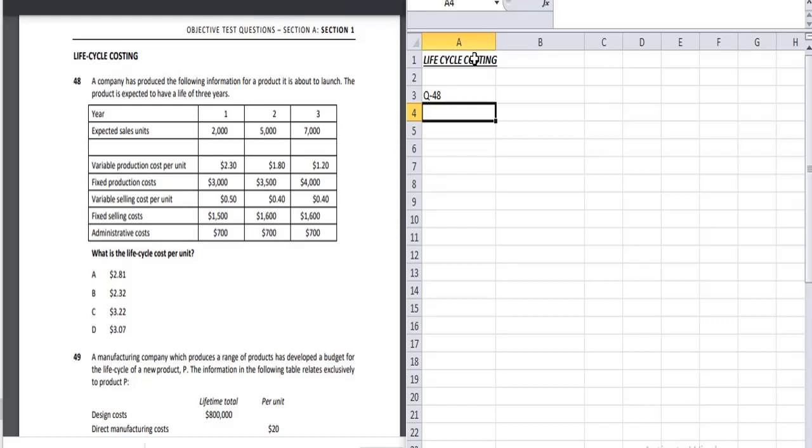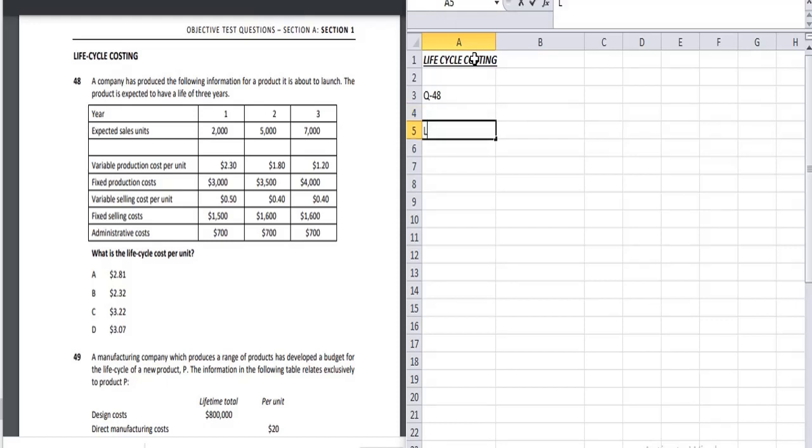Whatever cost has been incurred from designing, planning or research and development to the abandonment, starting from where we have planned and researched the product to its decline phase, the sum of all those costs divided by the number of units produced throughout the cycle gives us the cost per unit.